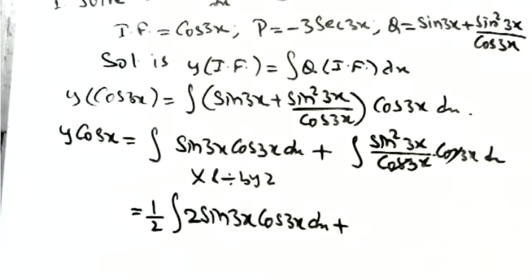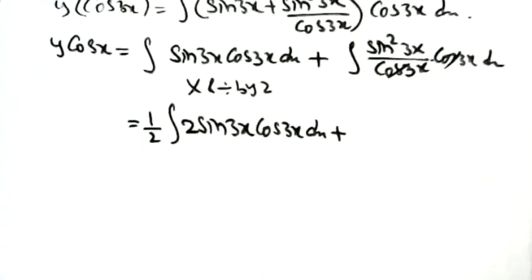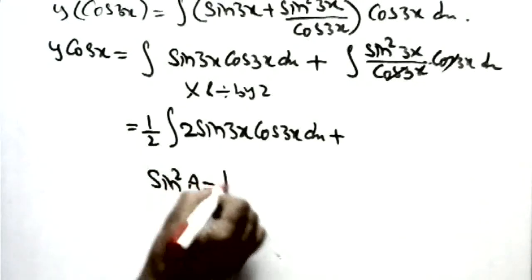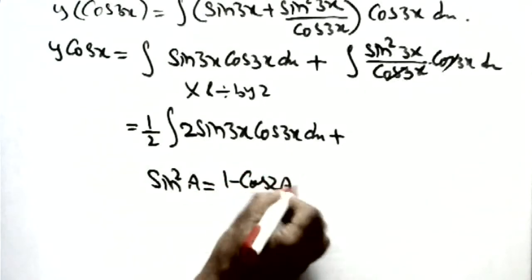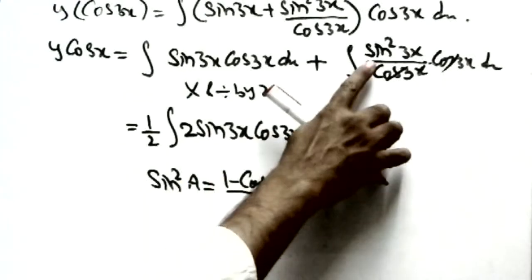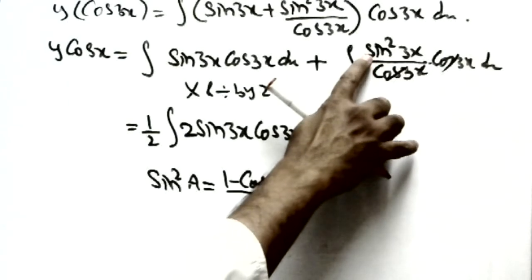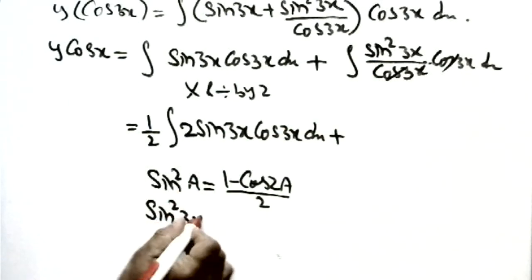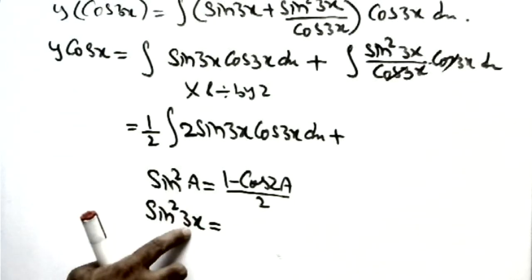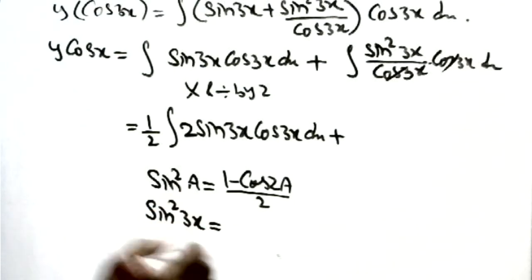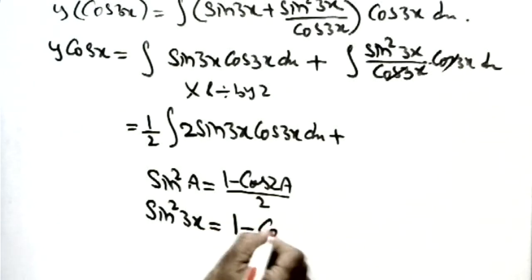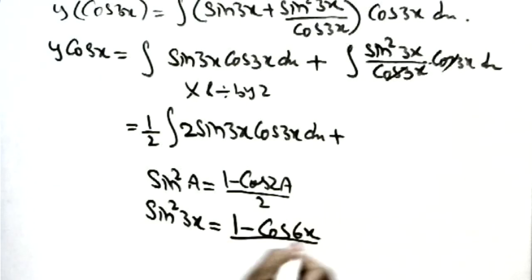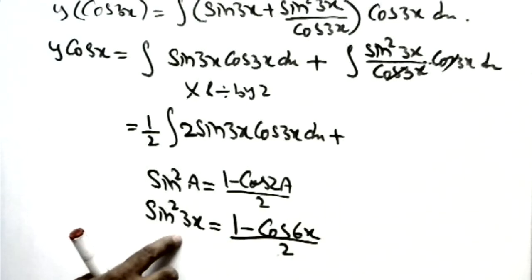Plus, now see here, there is a formula for us. If you don't know the formulas, go to the intermediate classes. I am just explaining that the formula of sine square is 1 minus cos 2a by 2. Now we have sine square 3x here, so in place of a we have 3x. 1 minus cos 2a means 2 into 3 will be 6x, by 2.